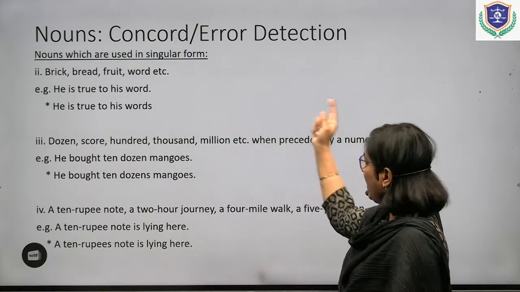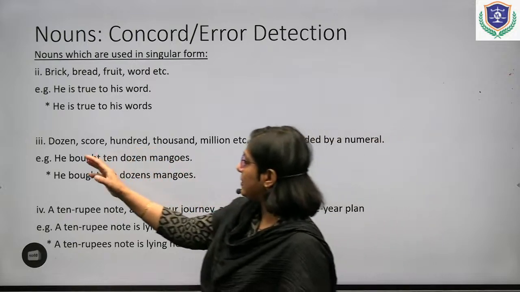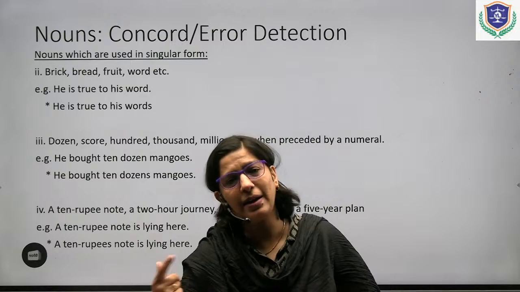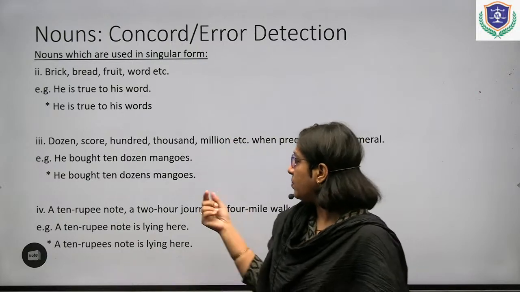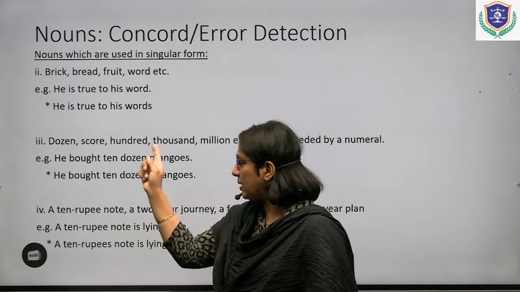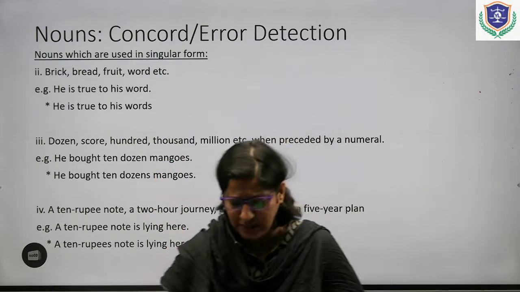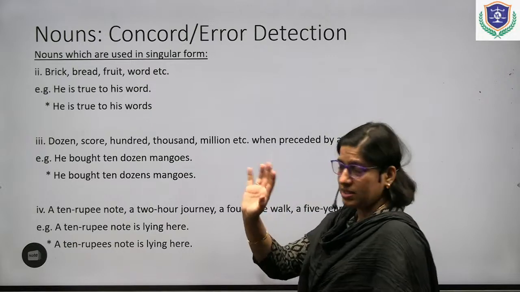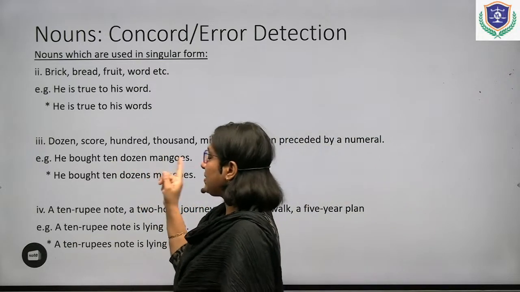Now whenever we have dozen, score, 100, 1,000, million preceded by a number, then we are not putting these with an S, right? I am sure you know this. You would want to kill me for telling you this, but just in case, okay? He bought 10 dozen bananas.